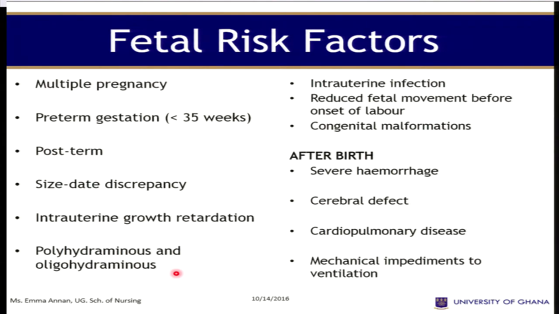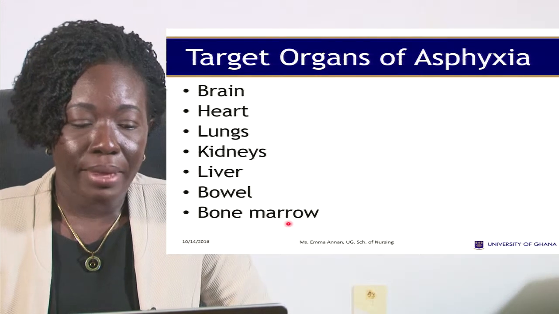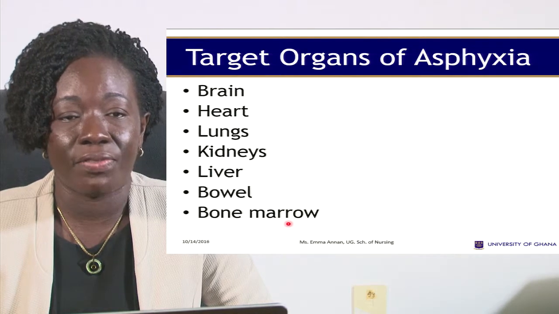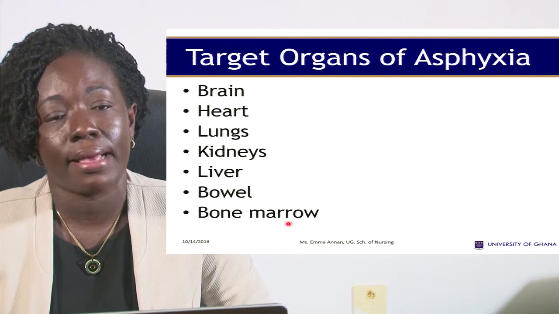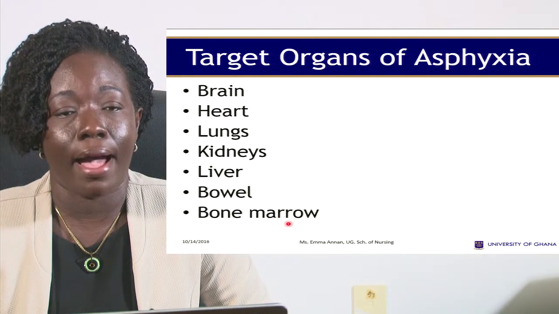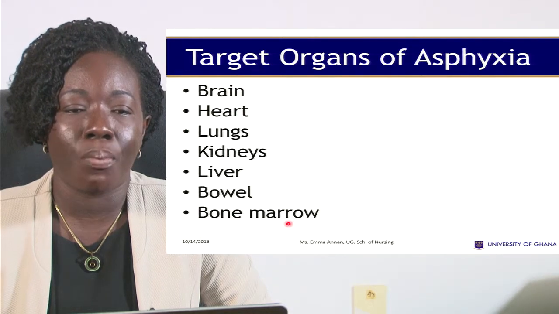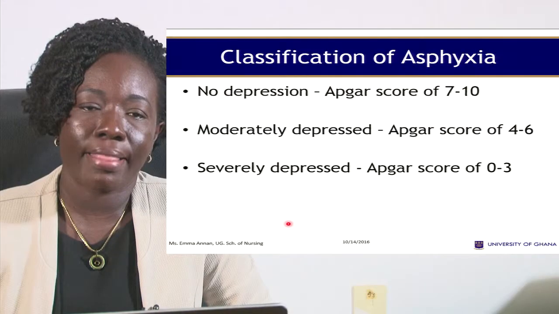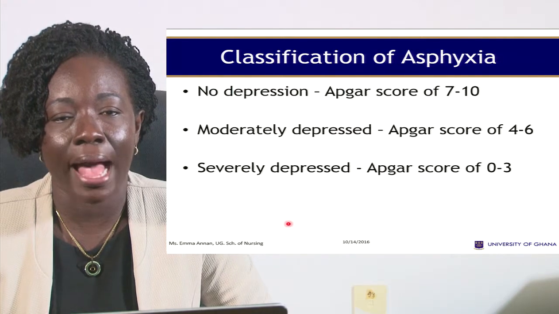After birth, when there is severe hemorrhage or cerebral deficit, it can also put the baby at risk. The target organs of asphyxia are the brain, the heart, the lungs, the kidney, the liver, the bowel, and the bone marrow.